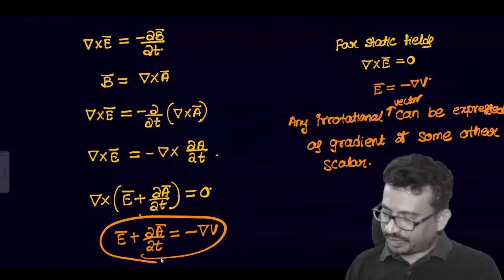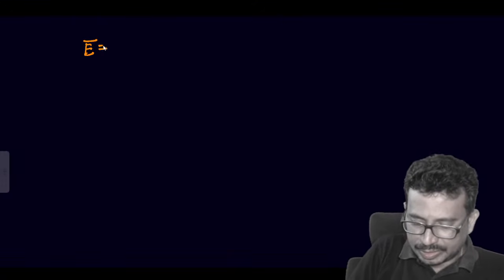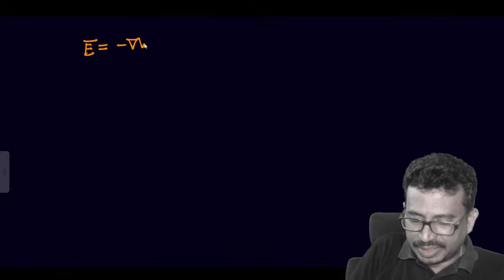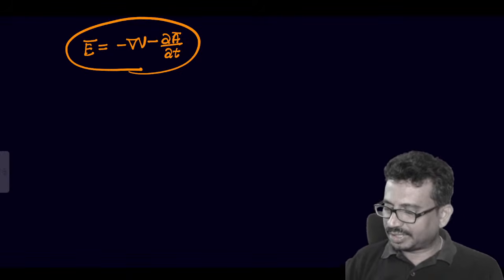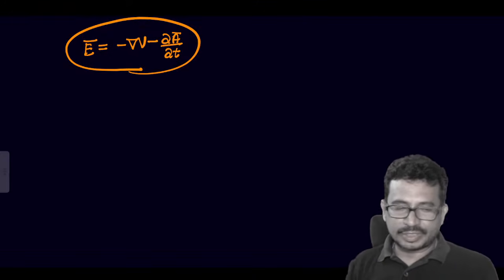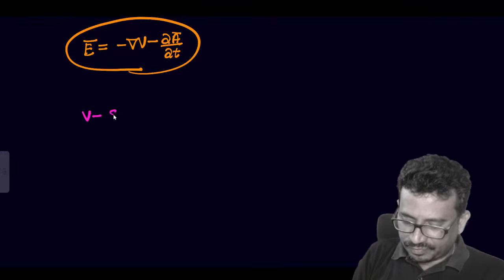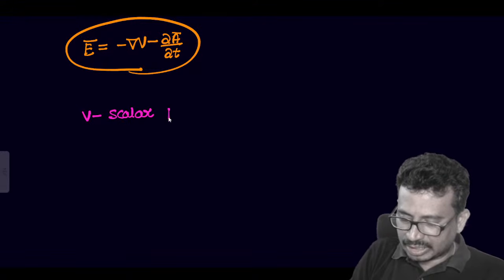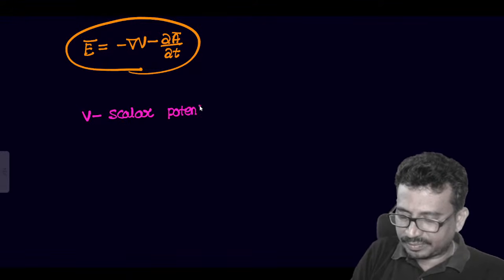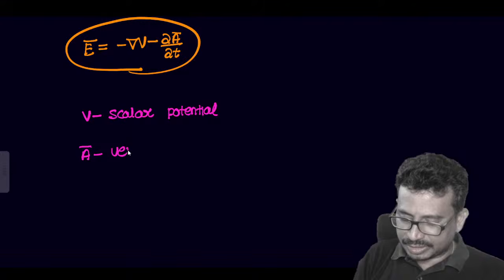So from this, what can we write? Tell me now, E is equal to how much? E is equal to minus del V minus dou A by dou T. Where V is called the scalar potential, and A is called the vector potential.